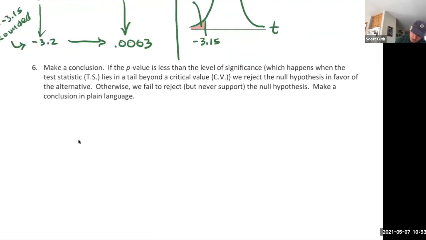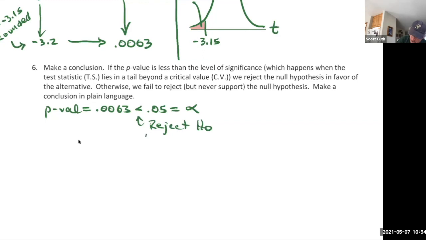So here, the p-value is 0.0063, which is less than 0.05, which is the value that I pulled out for alpha out of thin air. It's less, so that means we reject the null hypothesis this time and support HA.